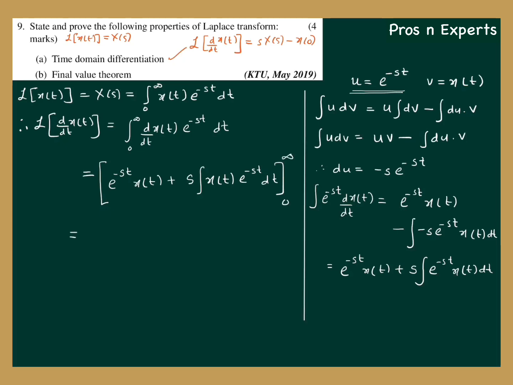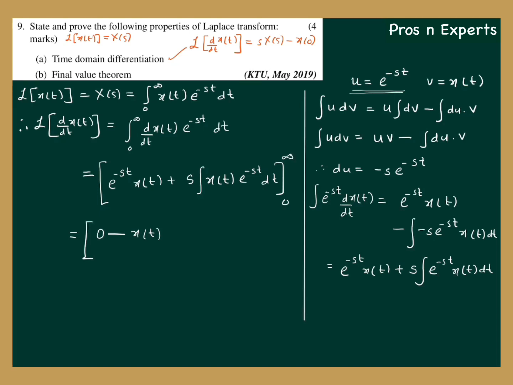While we put on the upper limit infinity, e raised to minus infinity becomes 0. So 0 minus, now let me put on the lower limit. So e raised to minus 0 into x of t, e raised to 0 is 1. So 1 into x of t, so 0 minus x of t.